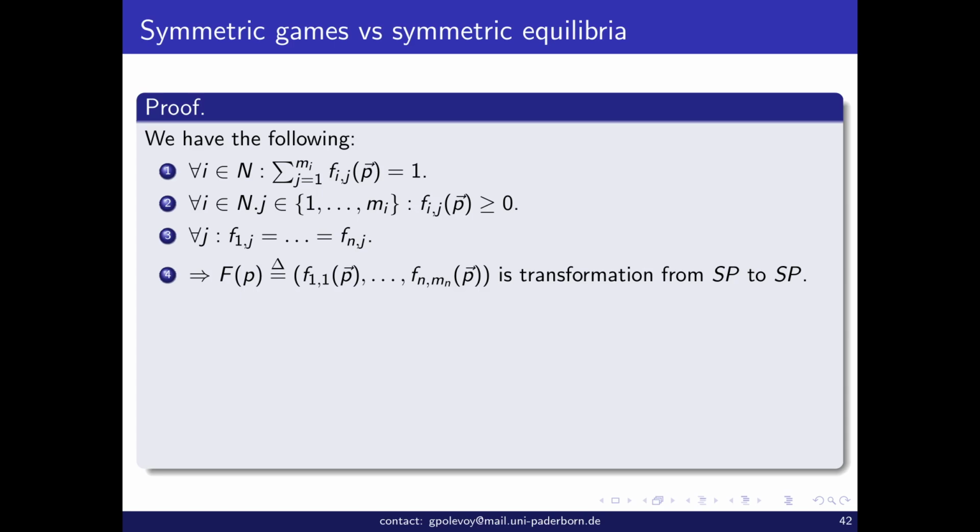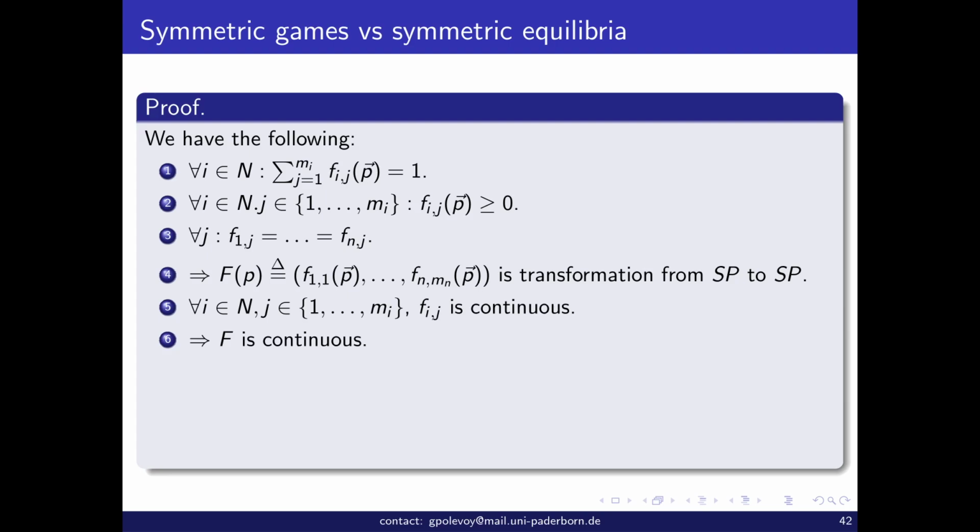So if you look at the transformation F(p), which just applies F_11, F_12, up to F_nm_n, to the point p, then this transformation goes from SP inside SP. We can look at this as a function from SP to SP. And since we proved that for any i and j, F_ij is continuous, we also conclude that this transformation is continuous.